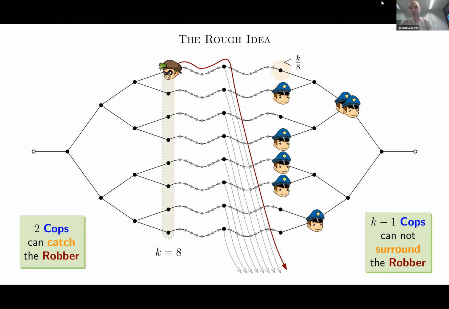So the robber does something here and this cop mimics the same thing here. And this cop just goes after the robber, forcing him to move, but forcing him to move also makes him use one of those shared edges at some point. Because without the shared edges, the graph is just a forest down there. So at some point, he's forced to use this shared edge, and then the copying cop is going to catch him.